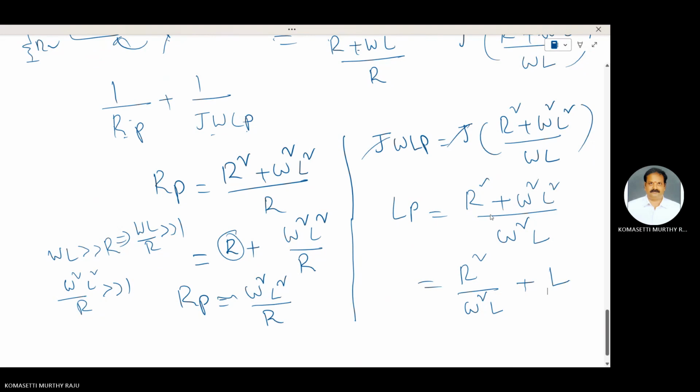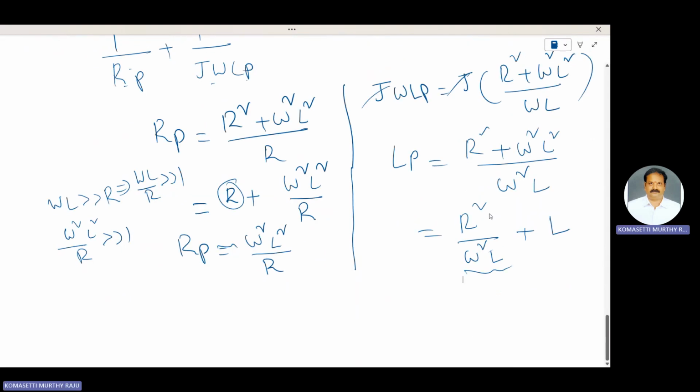Therefore, L. This is the low value, neglected. Therefore, LP is approximately equal to L.